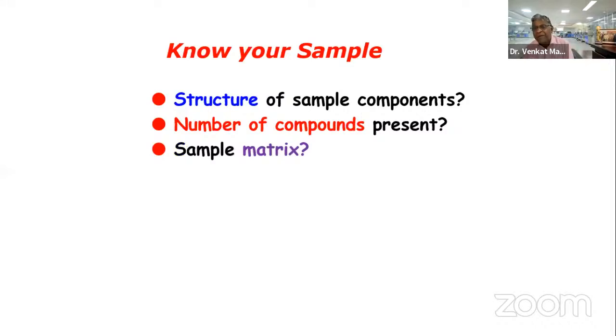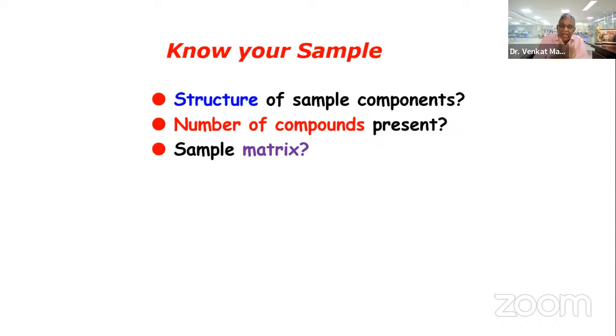Now, is the sample a readily soluble compound or does it have a matrix? Is it in the form of a tablet, solution, or a plant extract, or it's a plant leaf? In which form? What is the matrix behind which my compound is hiding? You have to work for that.